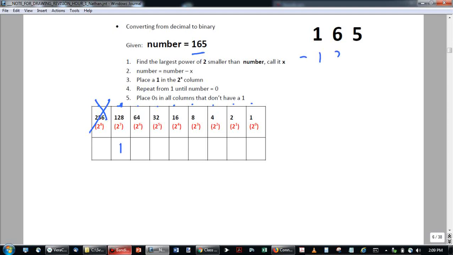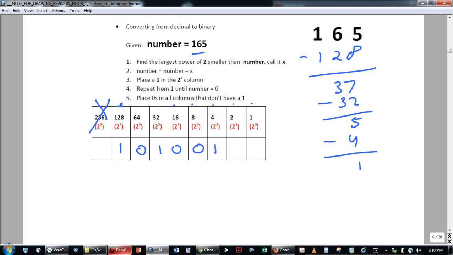So 165 minus 128 is... 37? Good. Okay, so there's no 64s. There is a 32, which leaves 5, so there's no 16s, no 8s, there's a 4, there's 1 left over, no 2, and we should end up with a 0.